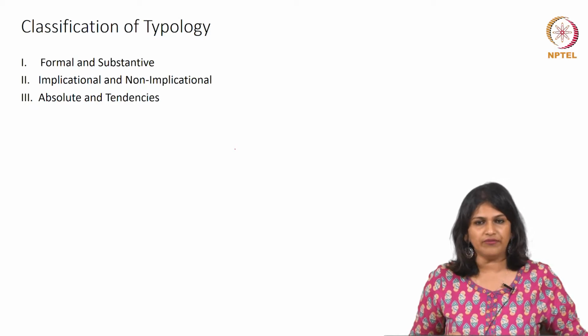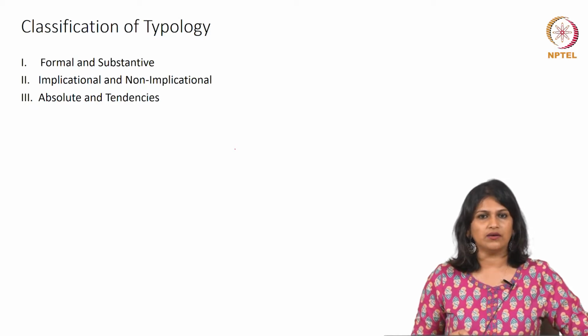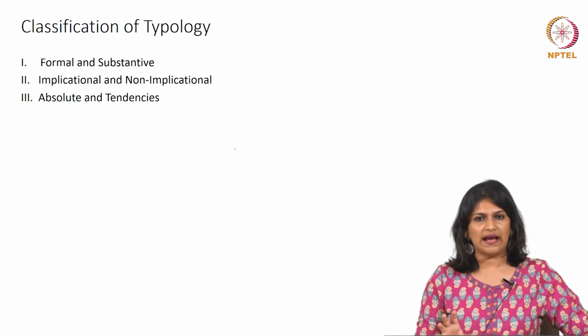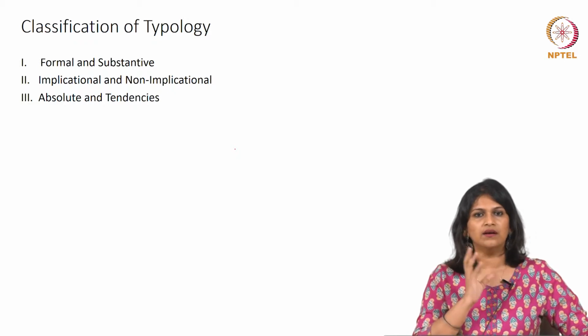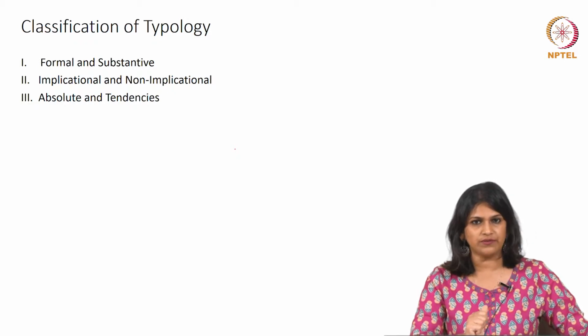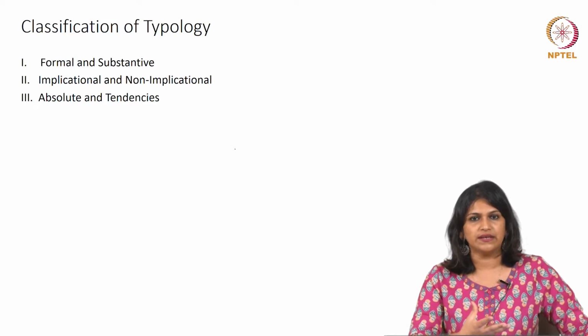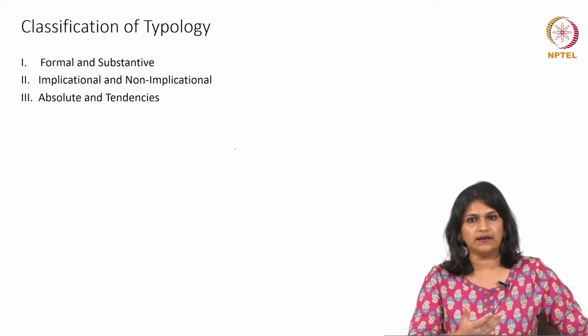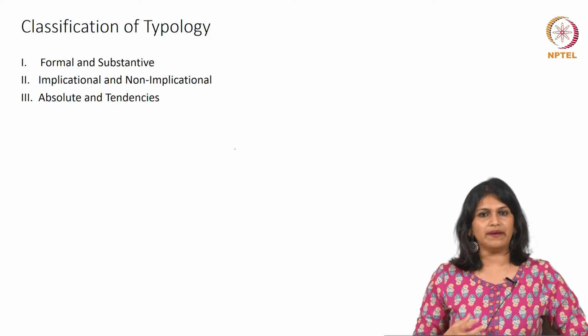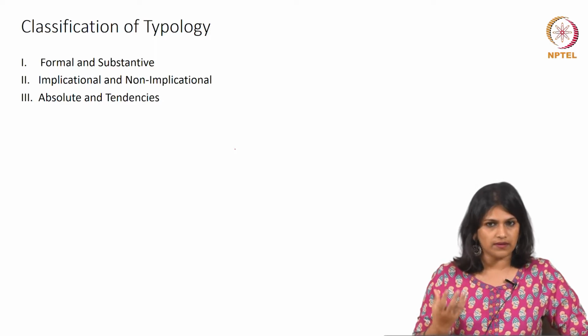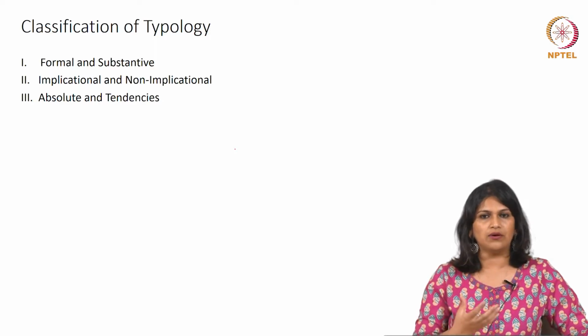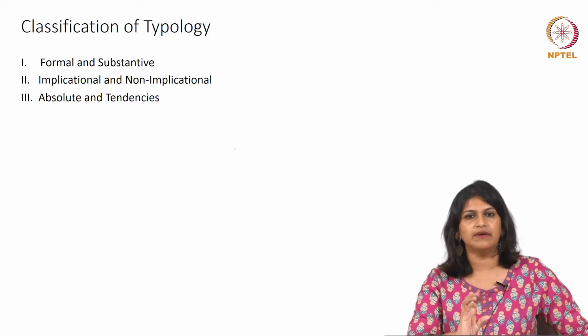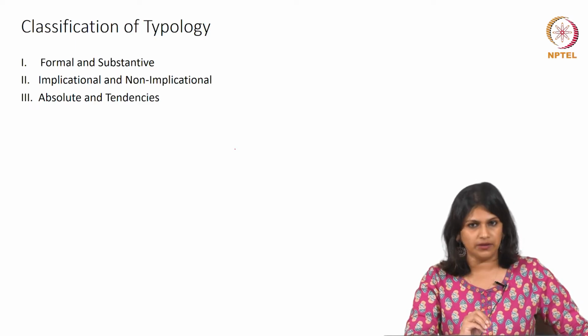So, if we follow Comrie's work, Comrie would work on language universals following an empiricist or descriptive approach, taking into account a lot of language samples, and data from a wide range of languages have been studied, and on the basis of that they have come up with some classification of universals.